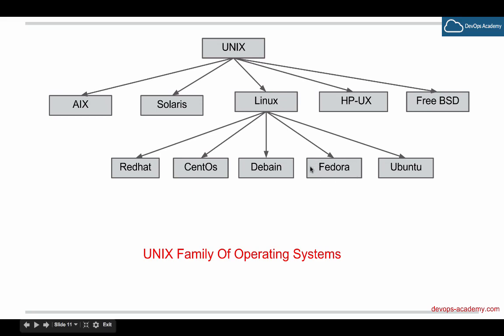Fedora is also developed by Red Hat. Ubuntu, CentOS and Red Hat are very popular Linux based operating systems. So Unix is the base of all these Unix based operating systems.